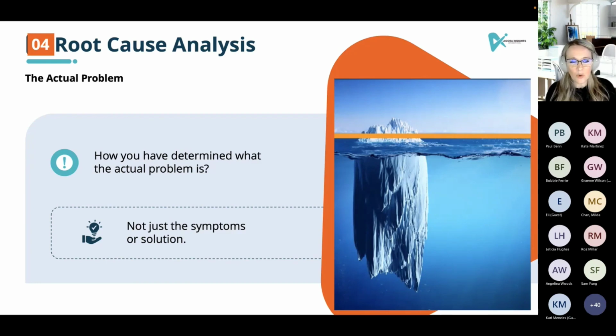And so with a root cause, you'll often find that there's not only one cause. And you've got to be able to tell the difference between a symptom and, let's say, what is the origin that we're working with?